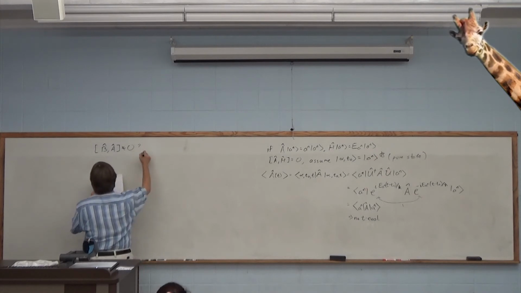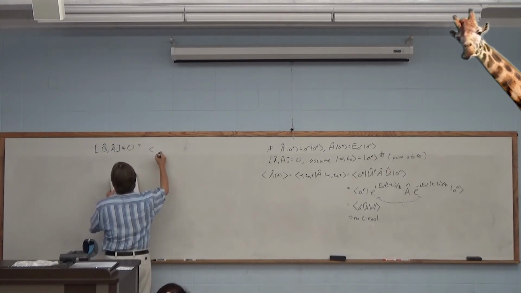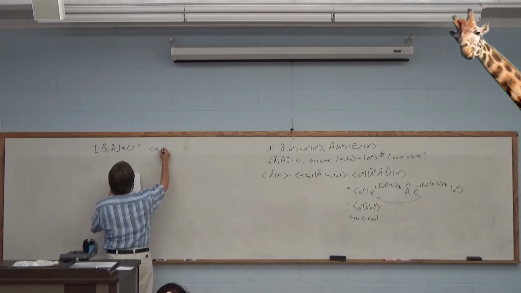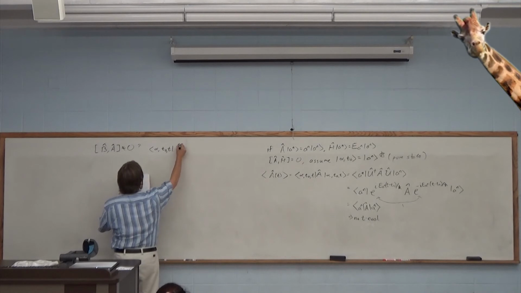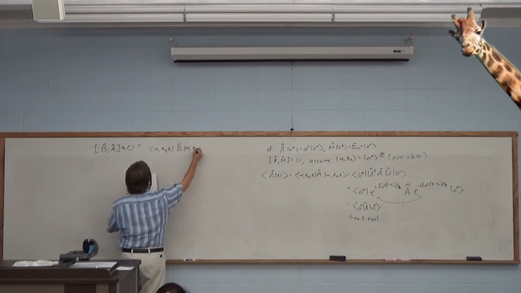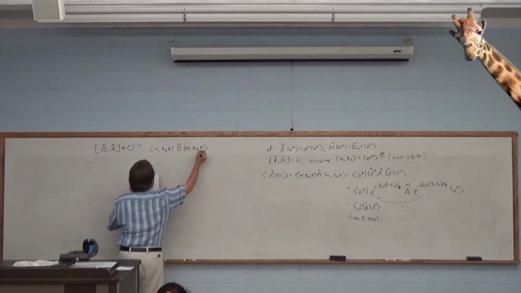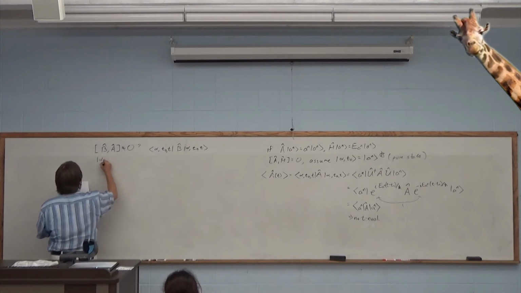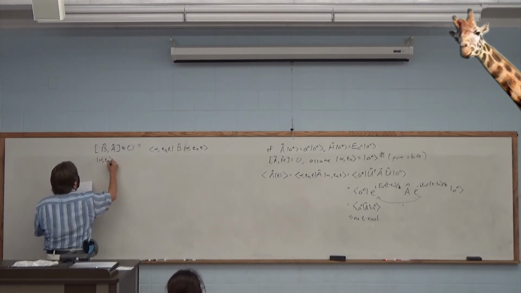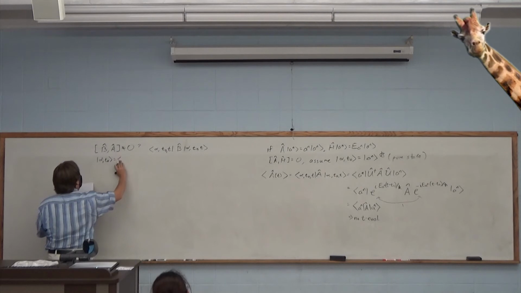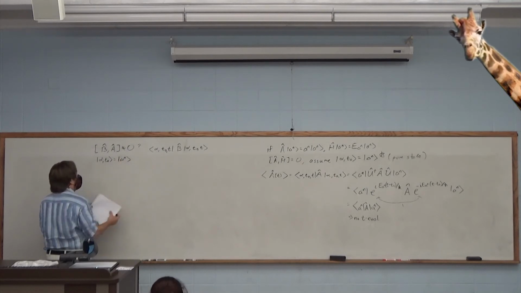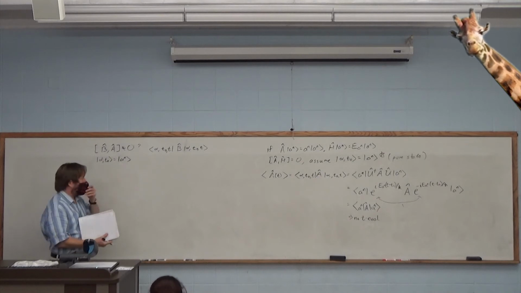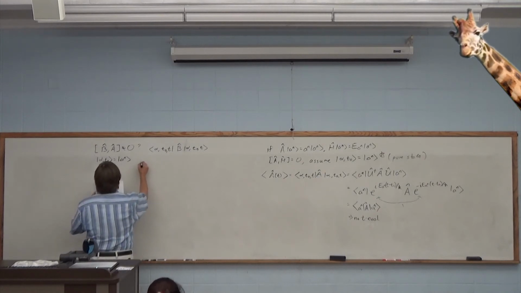Let's take alpha at time 0 and alpha at time T. Alpha at time 0 is going to be a pure state, again not written as a sum. So what do I get?